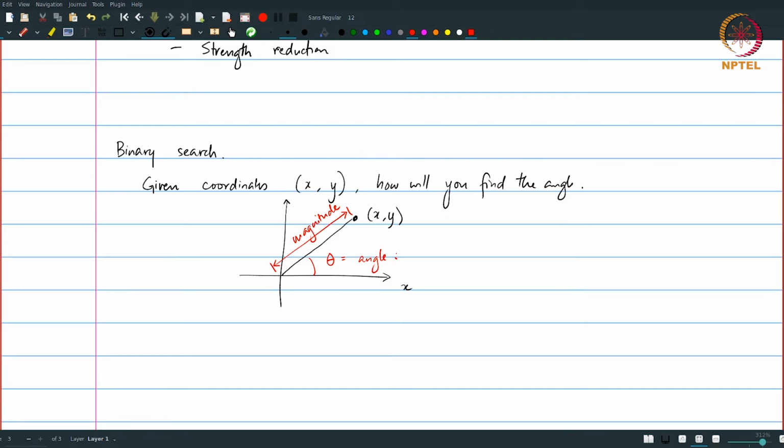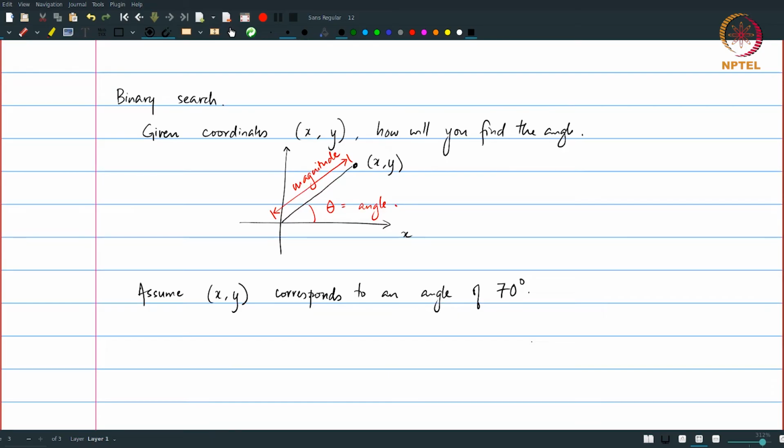Okay, so let's say that somehow this corresponds to an angle of 70 degrees, right? I do not know this ahead of time, and this is exactly the value that I am trying to estimate.